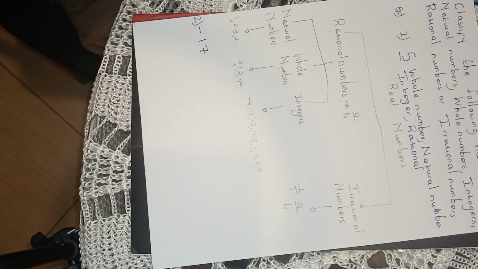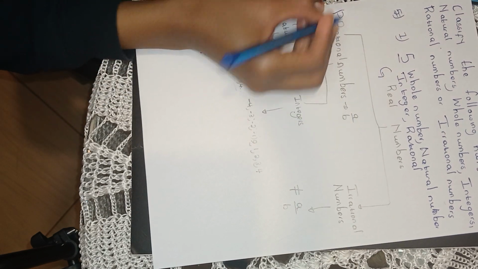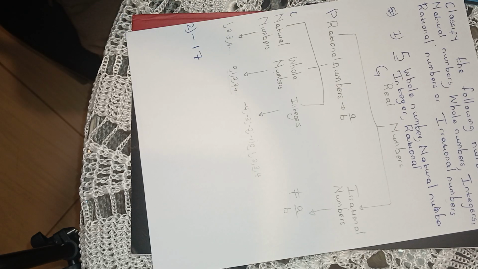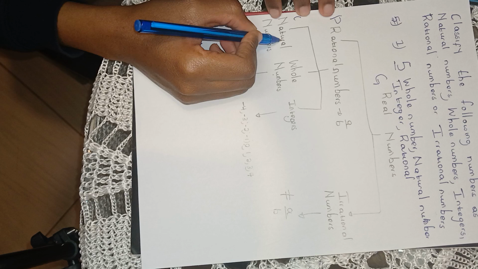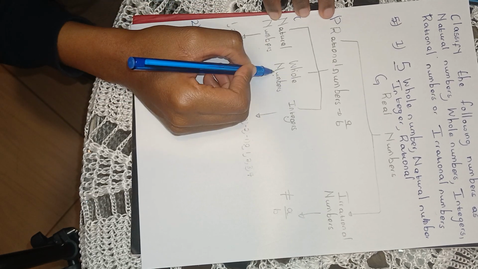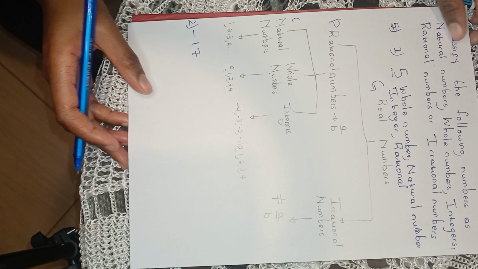Another alternative that you can use is the 3 generations: the grandparents, the parents, and the children. The grandparent is the real numbers. The parents are rational numbers and irrational numbers. The children are namely natural numbers, whole numbers, and integers. And then negative 17.